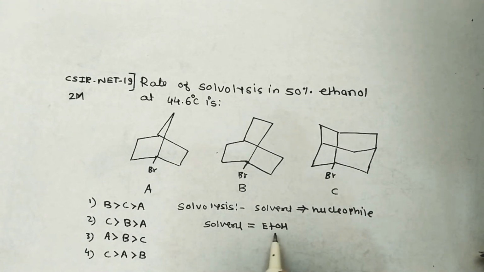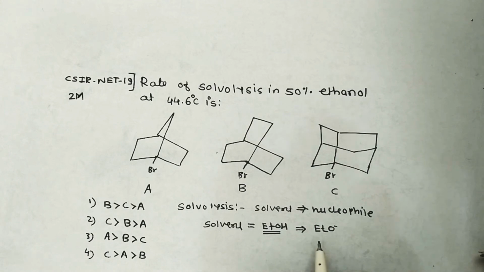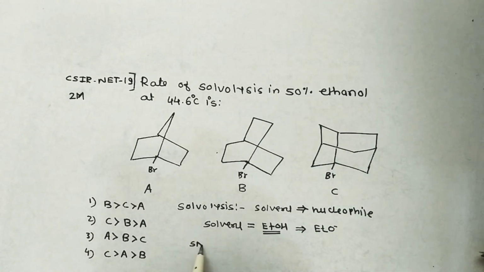Therefore, ethoxide ion, EtO minus, acts as a nucleophile. So this is the case of an SN1 reaction.